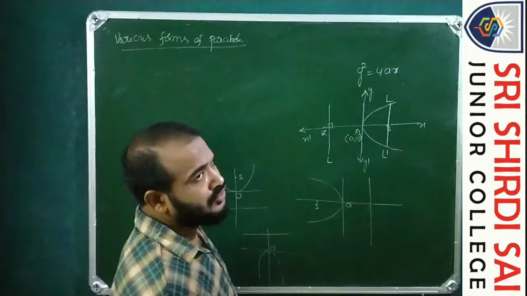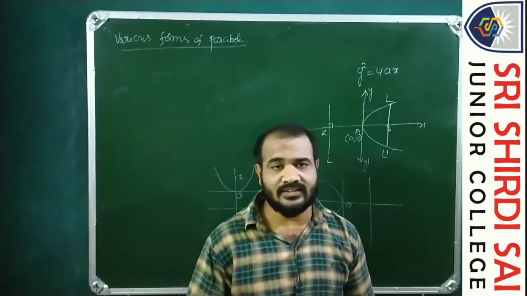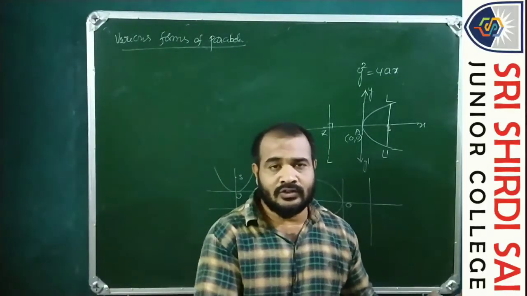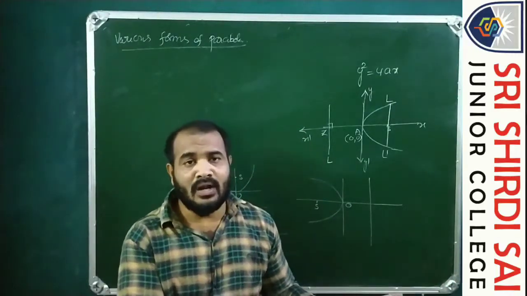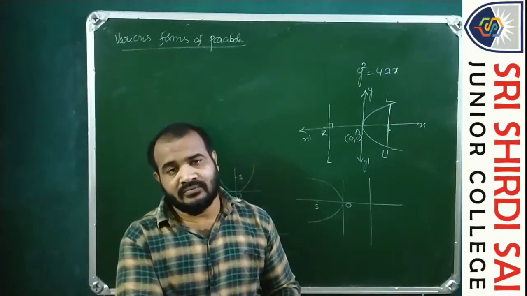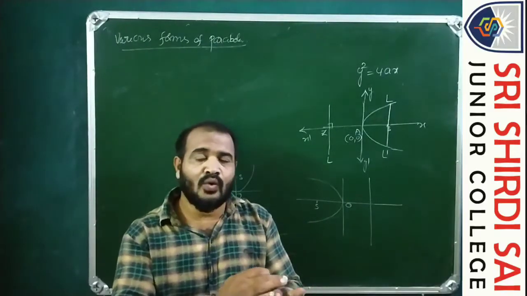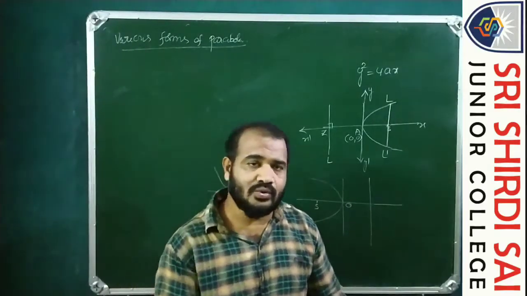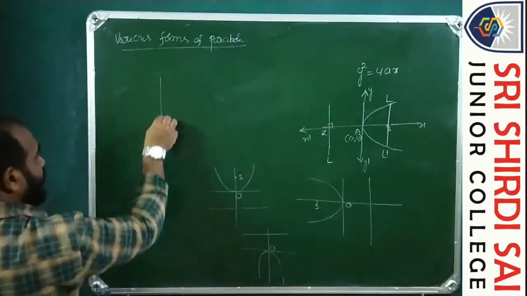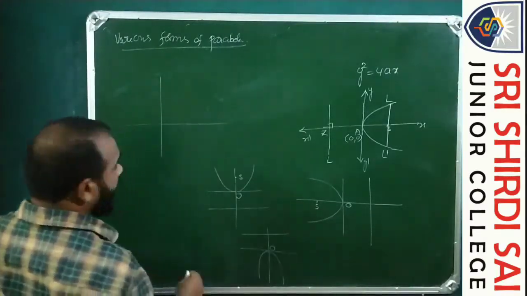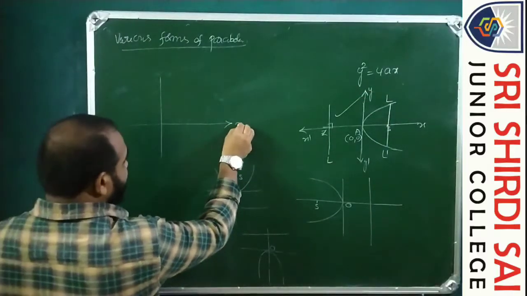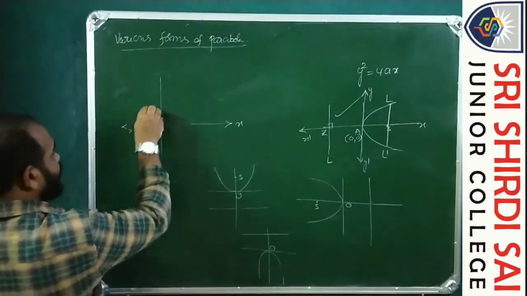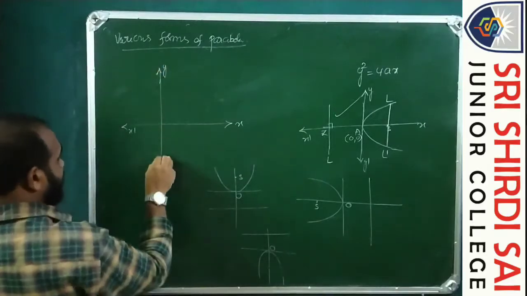So a natural question generally arises: will the parabola whose vertex is not at the origin also exist? So yes, so this is the parabola. For example, this parabola, if you take, this is x-axis, negative x-axis, y-axis, negative y-axis.